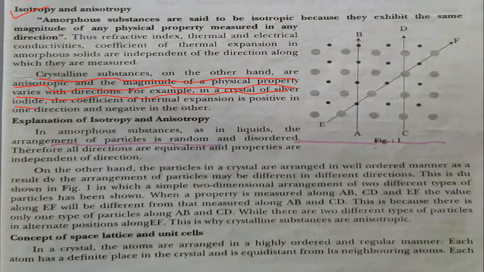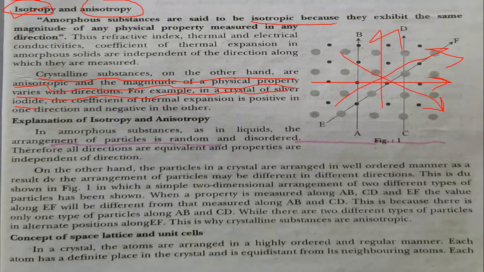Now we'll see what isotropy is and what anisotropy is. Amorphous substances are said to be isotropic because they exhibit the same magnitude of any physical property measured in any direction. If we measure a physical property in this direction or in this direction, for an isotropic solid the property will remain the same.